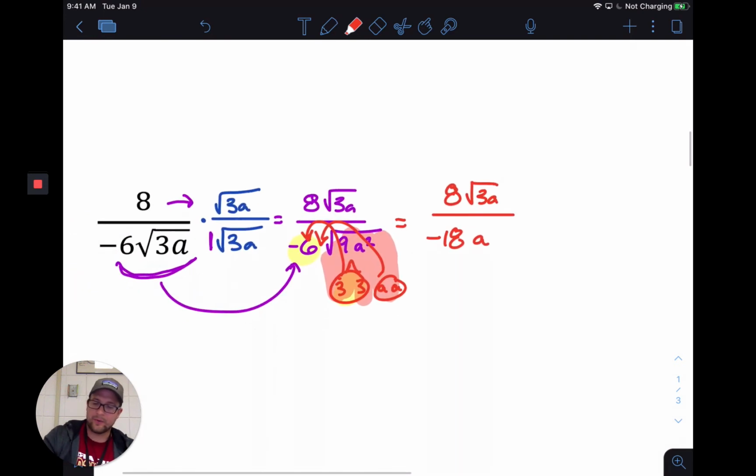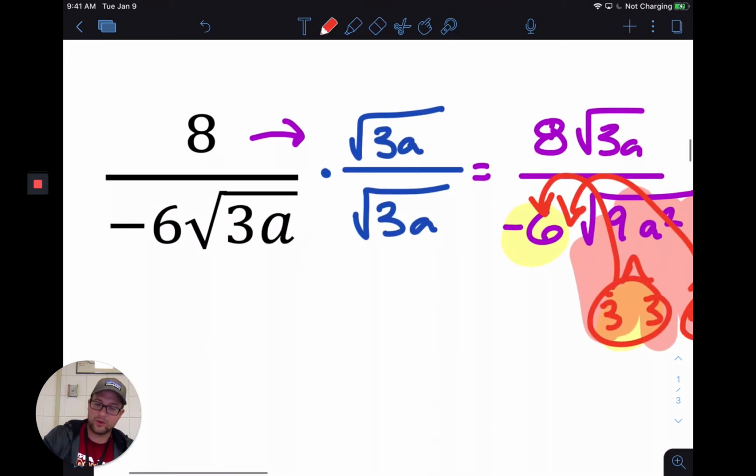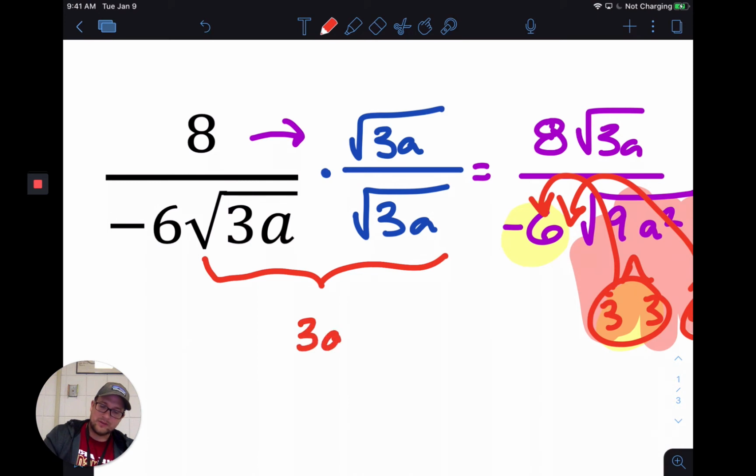Another way to think about this would be to say that if you really understand that multiplying a square root by the same square root undoes it, when I multiply these two pieces together, basically I will be left with just 3a. The two square roots are going to cancel each other out, and we're just going to be left with whatever was inside one of them. The negative 6 drops down.